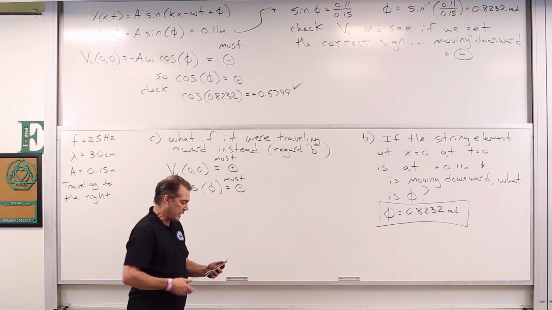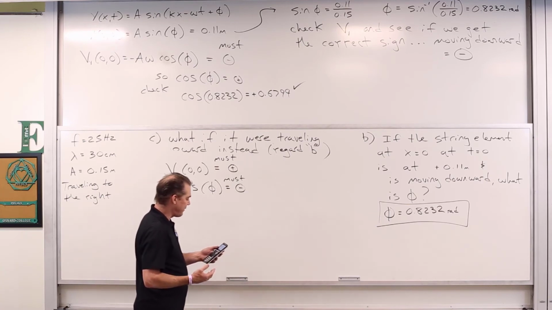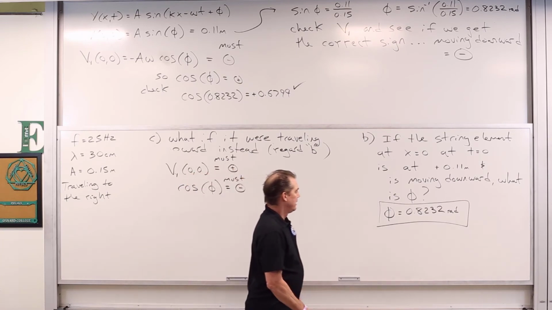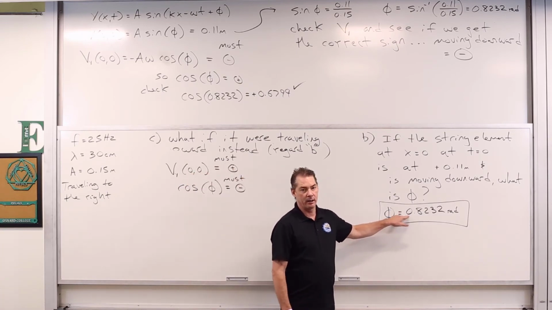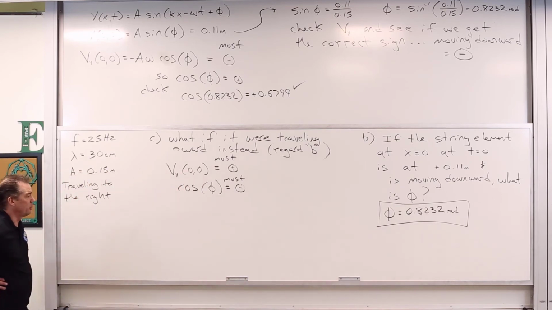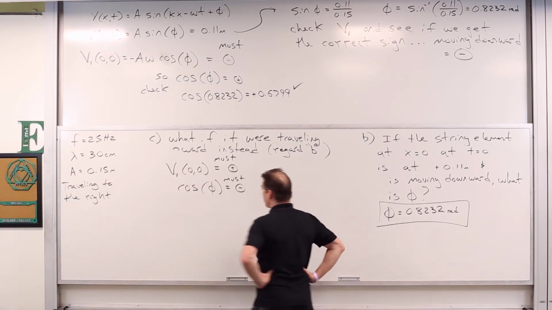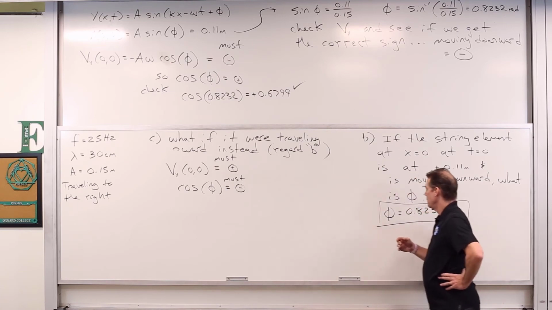Oh, shoot, I get the same exact answer, positive 0.6799. If I stick in negative here, I get the same result, which still says that it's traveling down. Oh, shoot, that's not good, right? How do I get the cosine of phi to be negative?